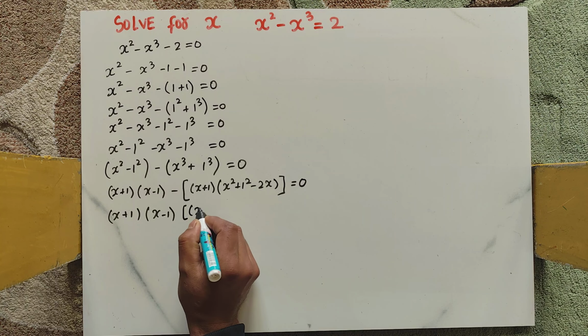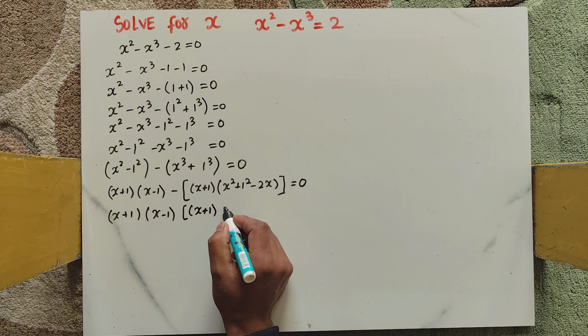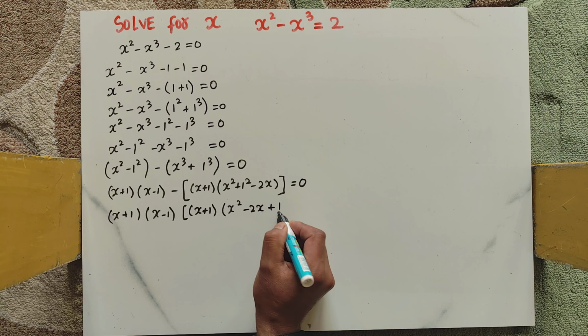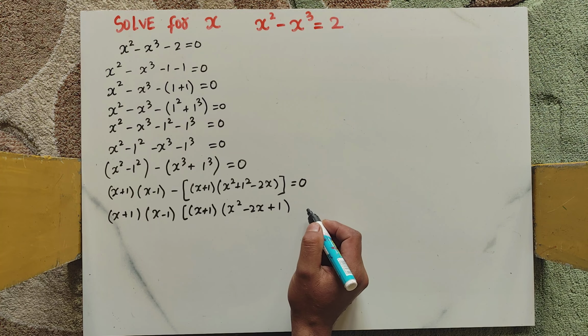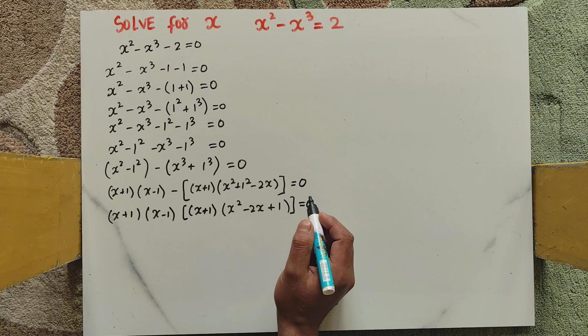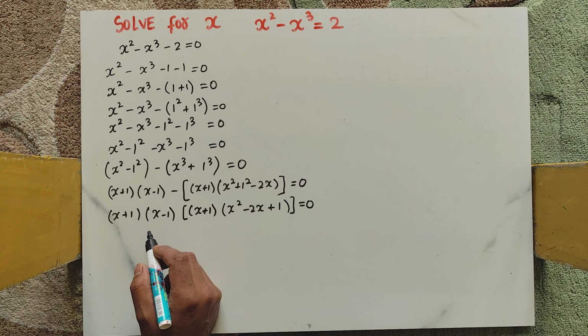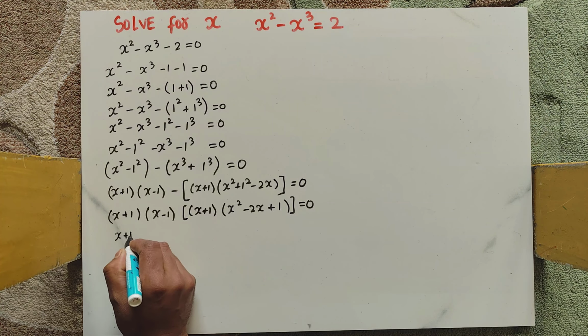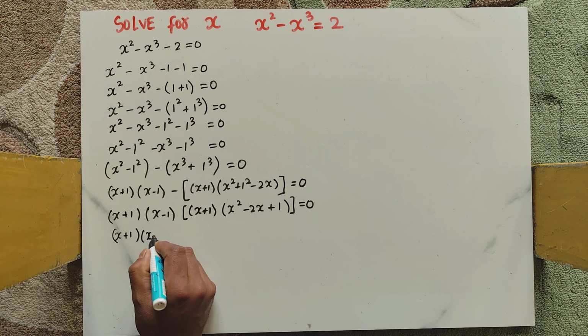We have (x + 1)(x² − 2x + 1), and we set it equal to 0. Solving further, so solving means we have (x + 1)(x − 1).